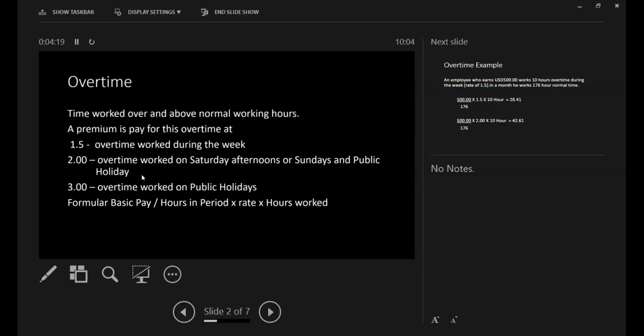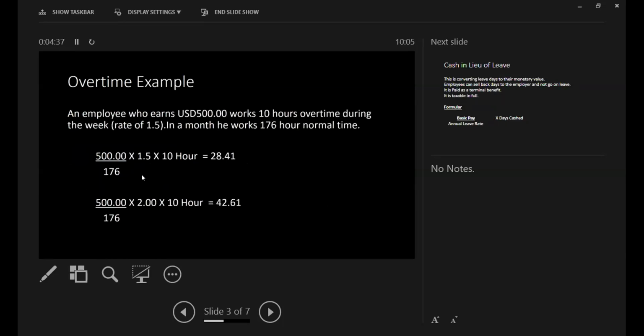Then you multiply that with the number of hours that an employee has actually worked. This is how the formula works. It's only the parameters for your premiums that may change. The formula for calculating overtime is usually the same.